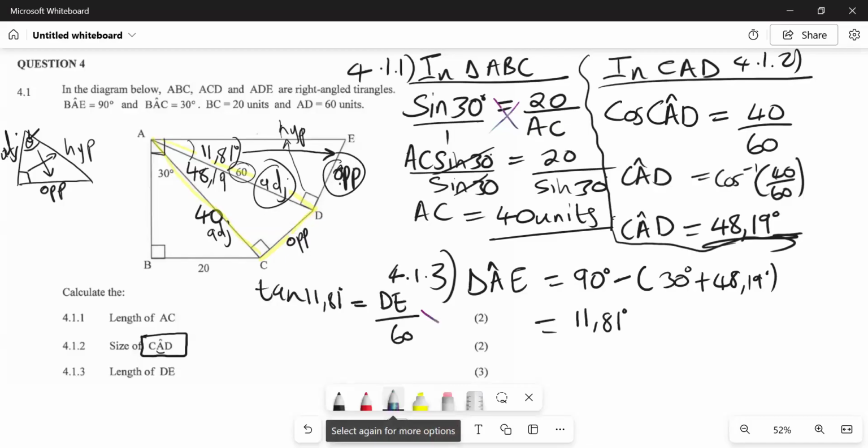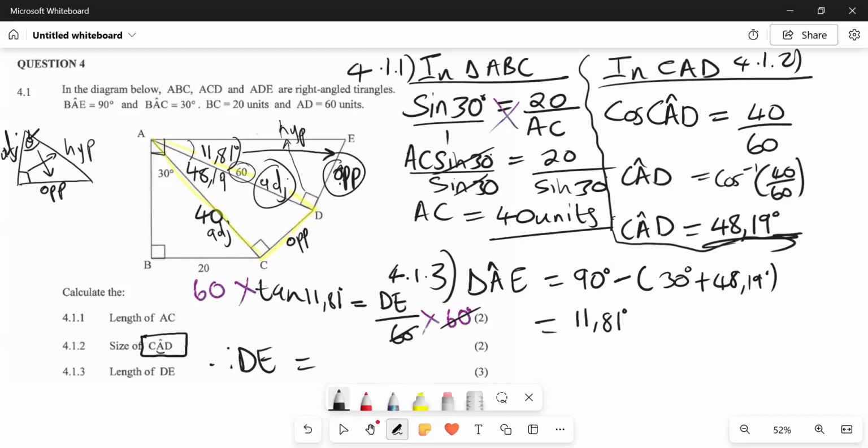Now, this is not that difficult. You multiply by 60 both sides to get rid of that 60, right? And then we can say, therefore, DE is equal to 60 tan 11,81, which will end up giving us 12,55 units.